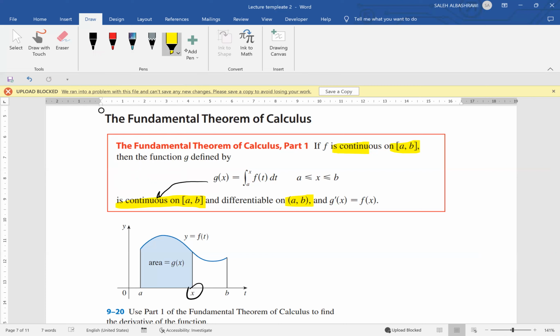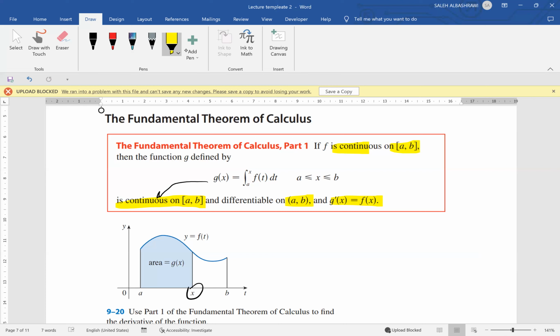And also g prime of x equals f of x. So we have three things now. Number one, the defined function g of x is continuous. Number two, it is differentiable on the interval a, b. Number three, the derivative of this function will give me f of x.